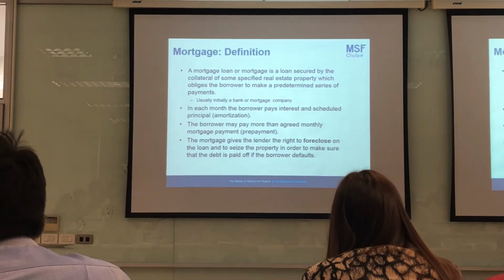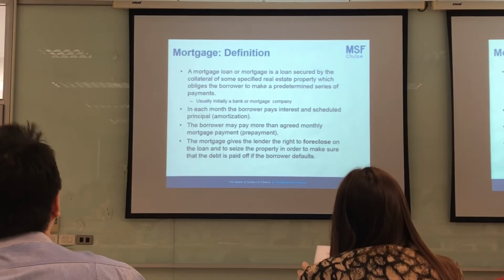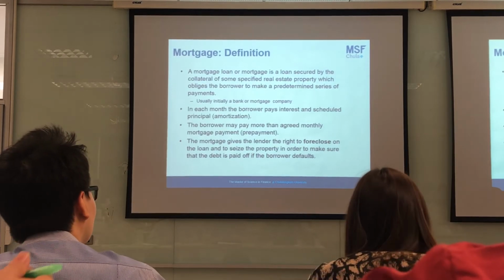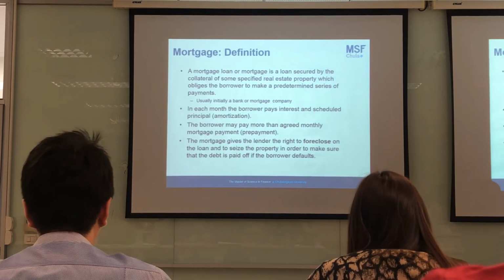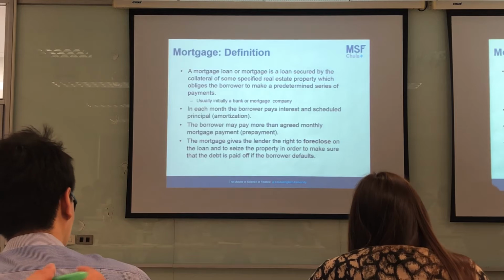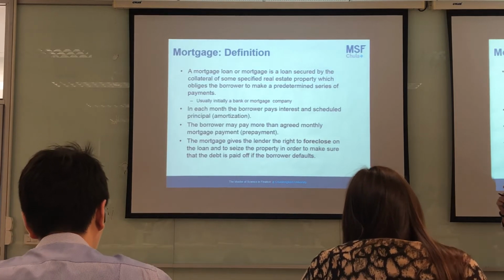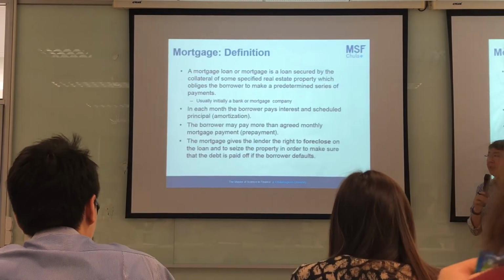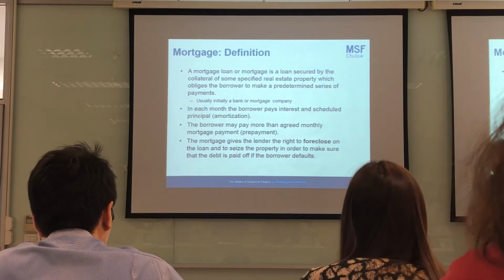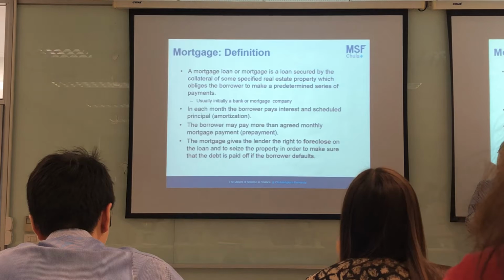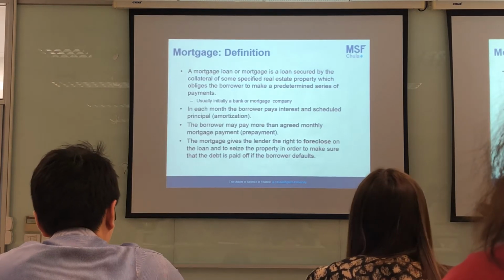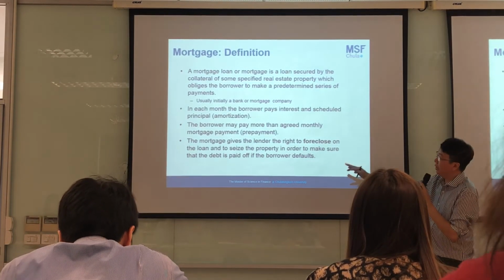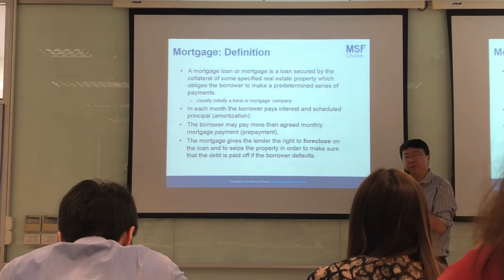First, let's talk about the mortgage loan. Some of you who work and want to buy a house may apply for this kind of loan, right? And to calculate the money that you have to pay, we can use the time value of money formula. First, let's talk about the nature of this loan.